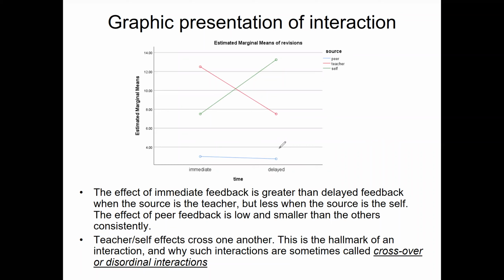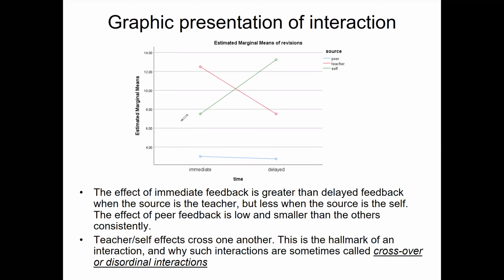These were all randomly assigned, so we assume that their overall performance is equivalent to the other students, but their future writing, as long as they're in the peer condition, is pretty stable, whether it's immediate or delayed. So source of feedback is stable when feedback is provided by peers, regardless of time. So we're just going to ignore this.